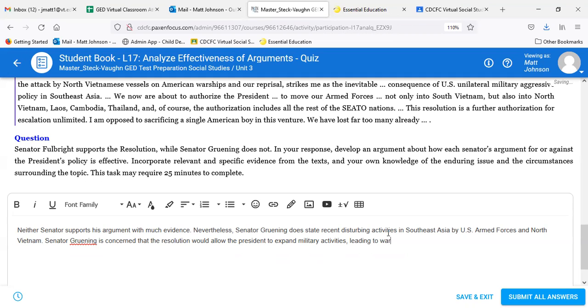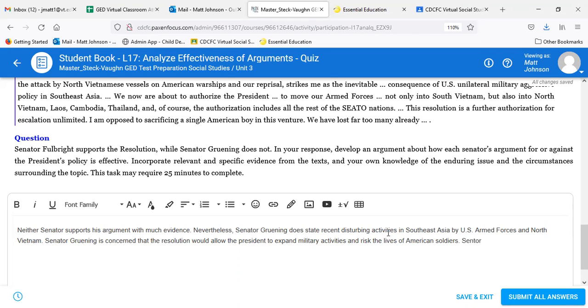Now, it doesn't say that necessarily. Say to expand military activities and risk the lives of American soldiers. And then we'll follow up with Senator Fulbright.